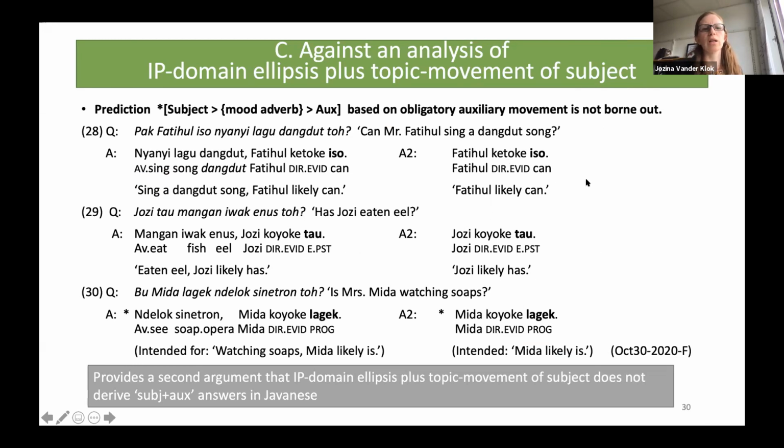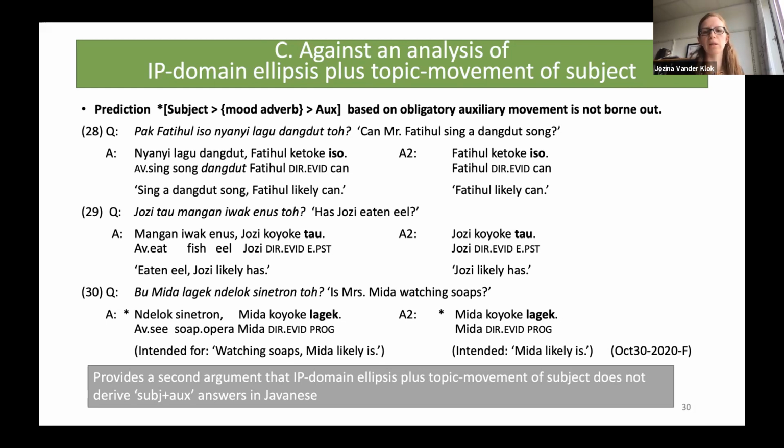And this is illustrated with the modals ISO as well as with tau. And both of these are possible. And then just to follow up with the distribution of TAM markers in these environments, we also see that the progressive or incipient aspect marker laguet is ungrammatical in both VP preposing and subject auxiliary answers.